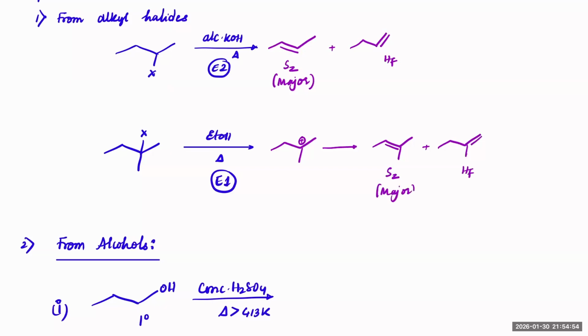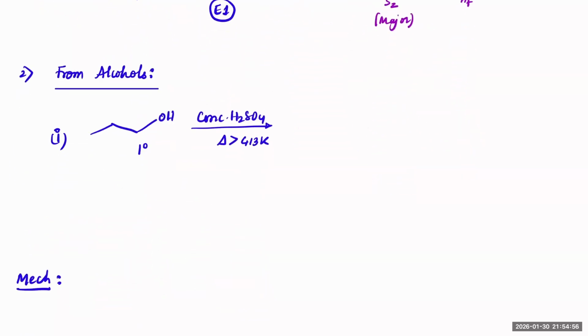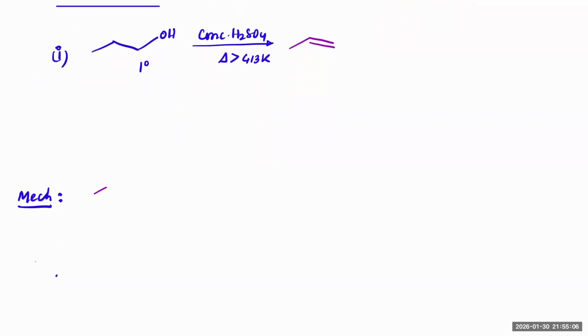From alcohols, we learned that if only concentrated H2SO4 is used and the temperature is greater than 430, then the alkene will be formed. Mechanism-wise, first you add the proton, and you start getting OH2 plus.